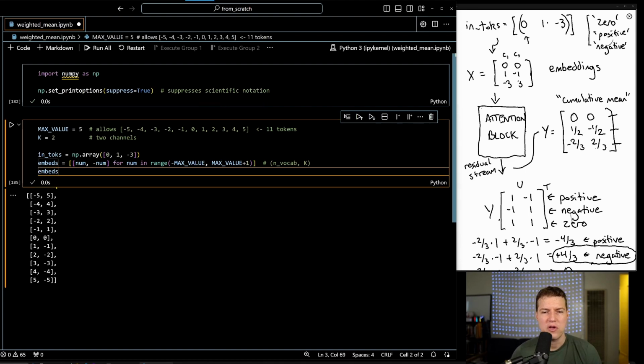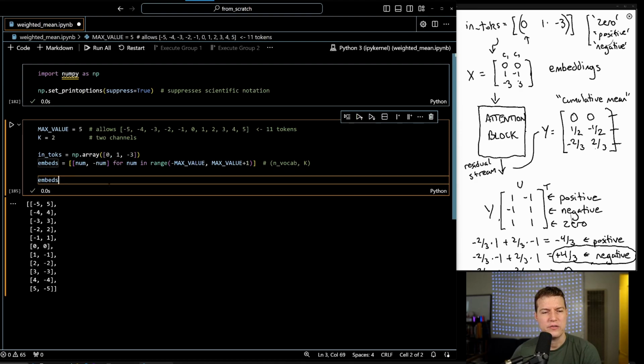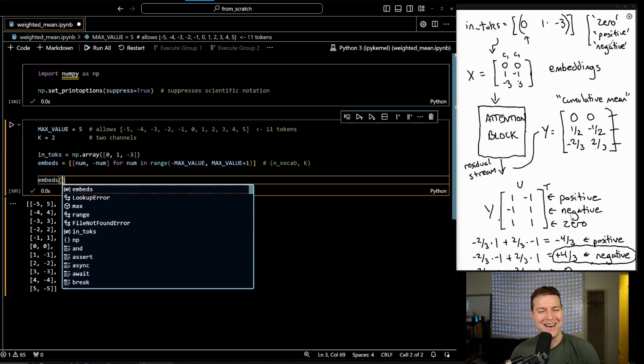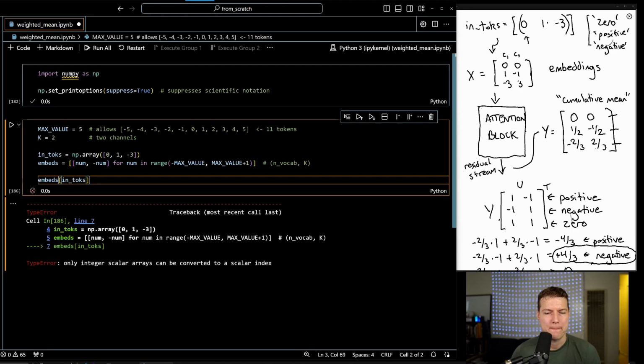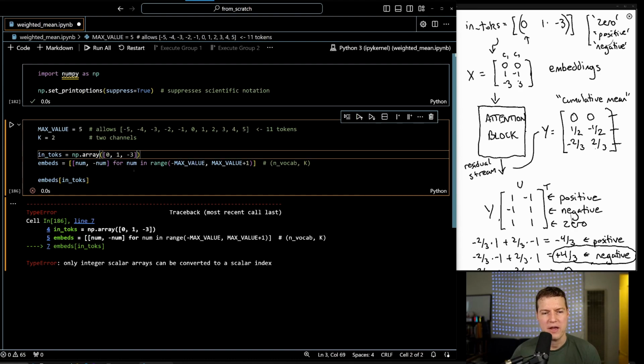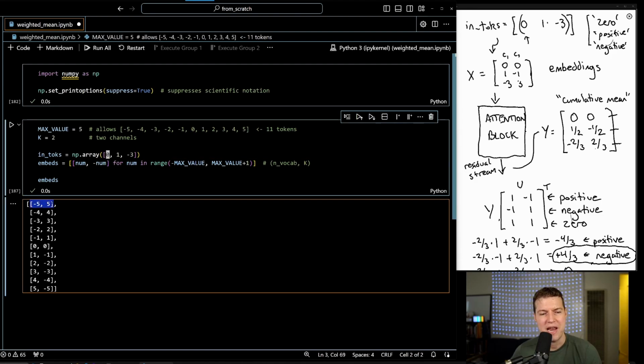Now I have to just look up these 3 tokens. And it's not as simple as it looks, although it's pretty simple. If I just type in tokes, I don't get the right ones. So only integer scalar arrays. You see what's going on here. I have a -3, and I can't just look up -3. When I look at my embeds, if I want index 0, that would give me -5.